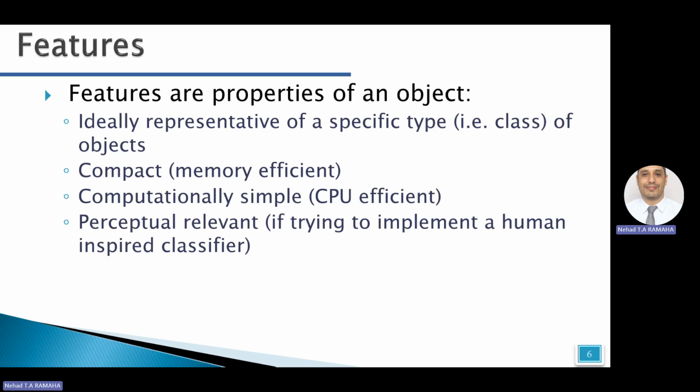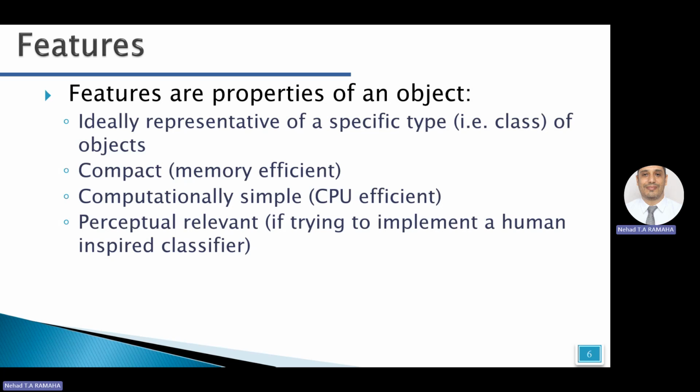Compact means it must be compressed. The size of the data about this feature must be compressed and memory efficient. Extra data, extra features that are not needed or not necessary, or give you similar information about the different objects, must not be in your data set.